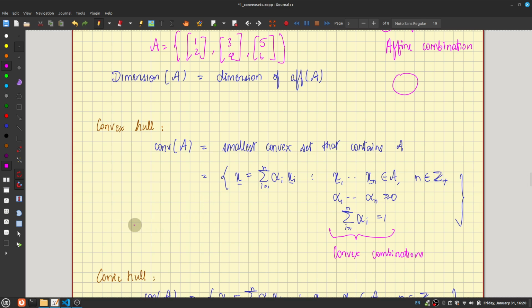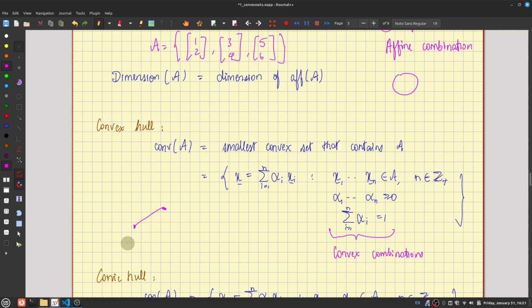Now, if I take any 2 points in R2 or R3, what would be the convex hull of these 2 points? It would just be the line segment that joins these 2 points, right? Remember, what is a convex set?